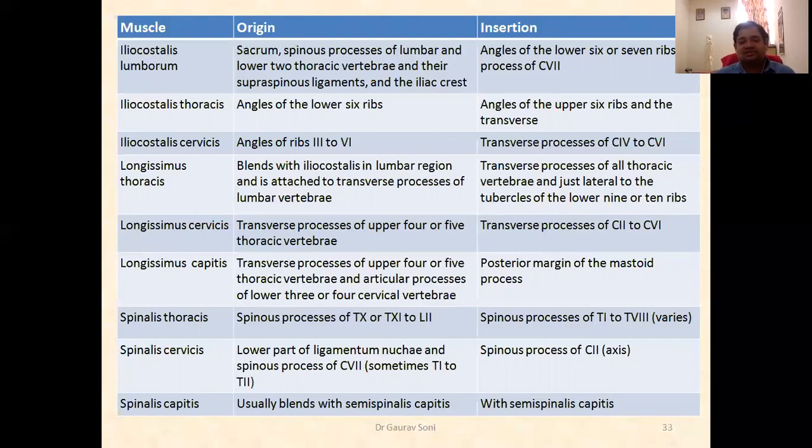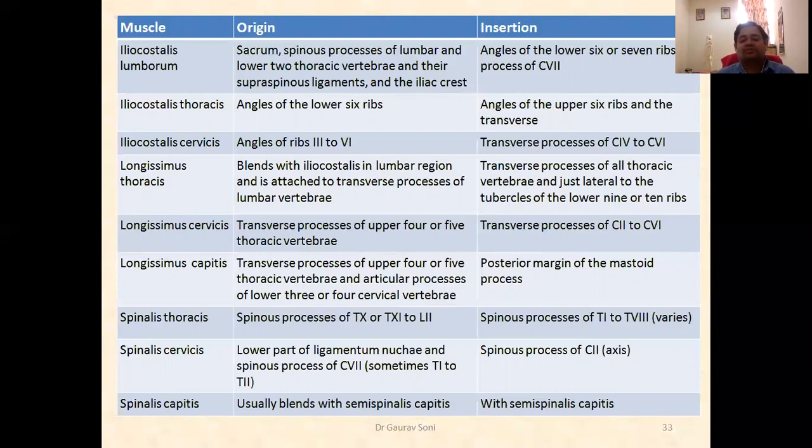Then comes the spinalis group. It also has three parts: spinalis thoracis, cervicis, and capitis. Thoracis starts from the spinous processes of T10 to T11 to L2, and gets inserted in the spinous processes of T1 to T8. Sometimes variations are there.